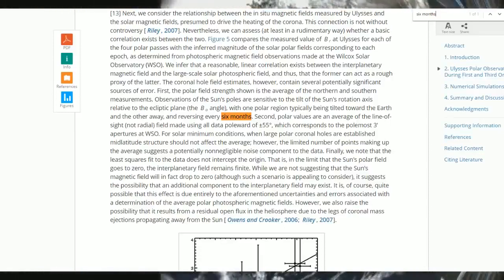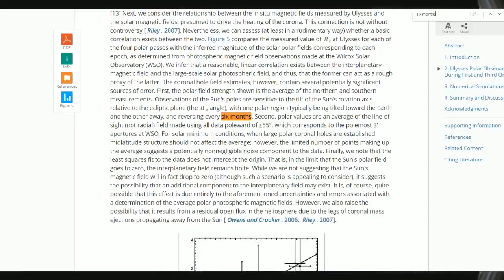And so it was able to notice that there was a reversal every 6 months to the sun. They call it the angle. Let's see, the tilt of the sun's rotation angle relative to the Earth plane. Relative to the ecliptic plane, with one polar region typically being tilted toward the Earth and the other away, reversing every 6 months. Well, it's just a matter of vantage point when they say tilting toward the Earth.